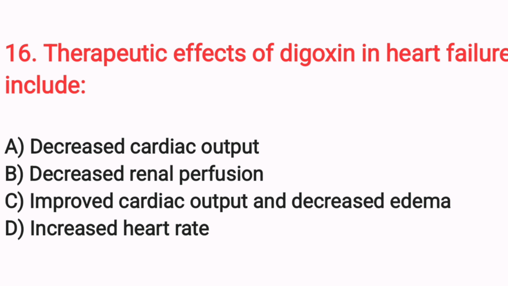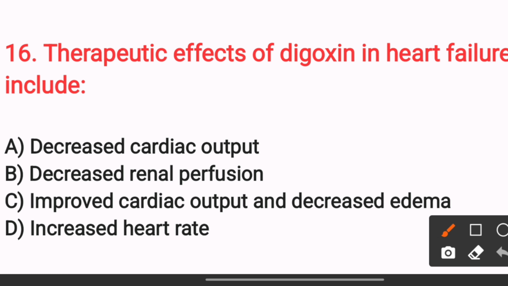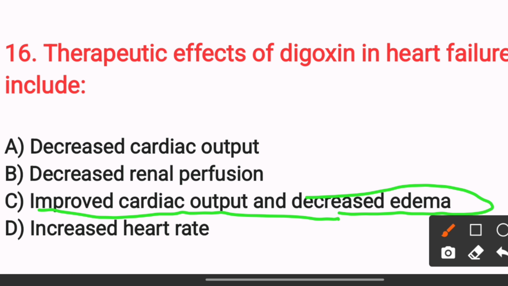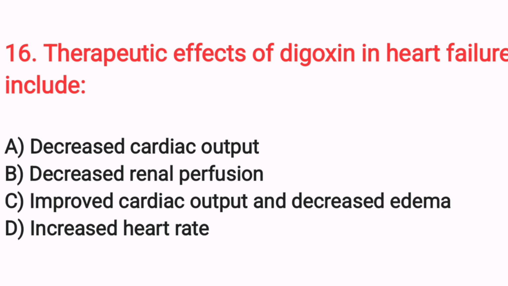So the answer is option C, improved cardiac output and decreased edema, because by increasing the contractility, digoxin improves perfusion and reduces fluid retention. So the answer is option C.